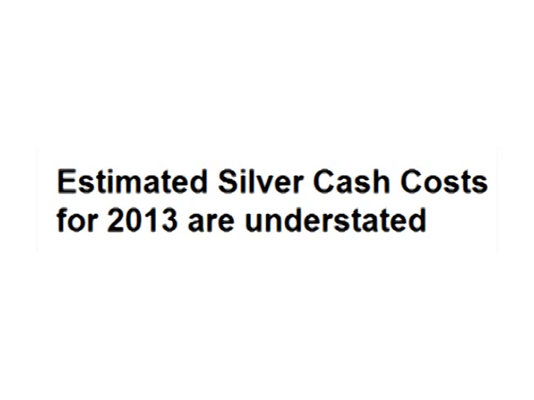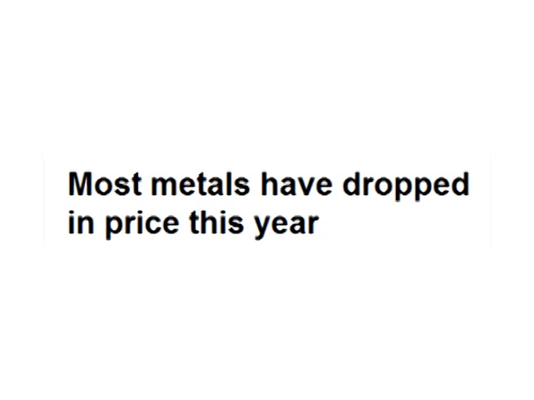Estimates for 2013 cash costs for silver producers are understated. The current prices of metals are much lower than the metal prices that producers use to estimate byproduct credits for 2013. For instance, most producers use an estimated price for gold revenue of $1,600 per ounce.